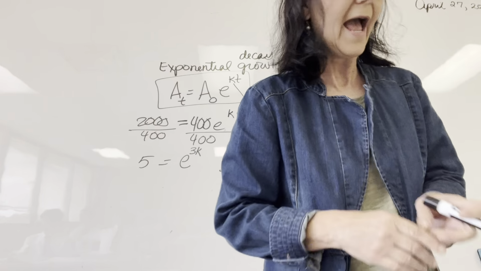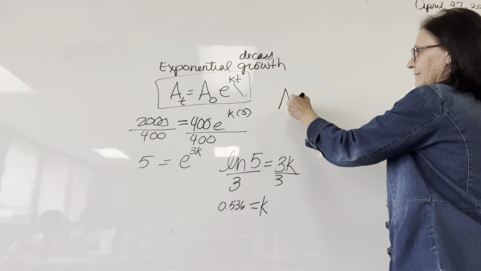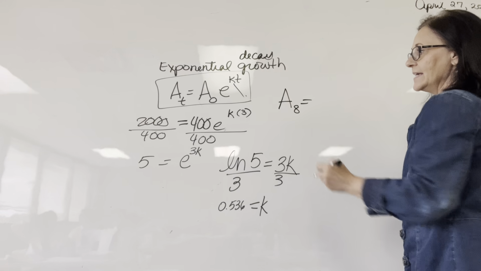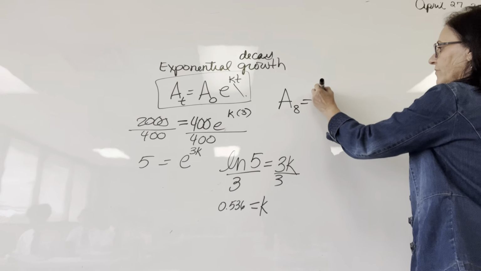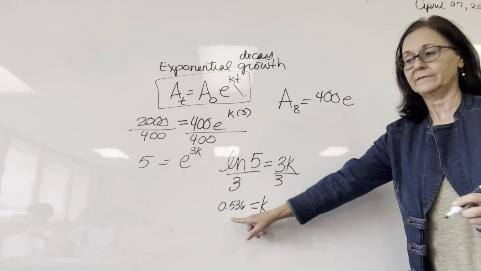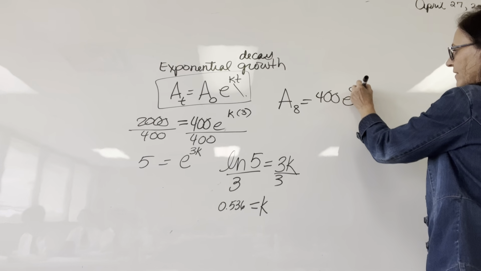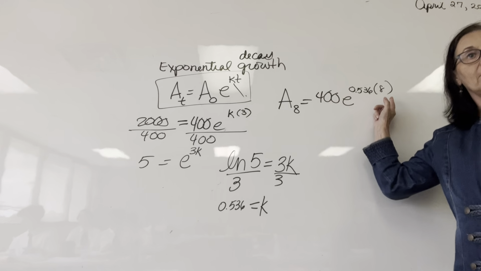Now once we have K, let's finish reading. It wants to know how many bacteria there will be in 8 days. So change time to 8. I still start with 400, it's E, but now I have K, 0.536, and now I'm looking at 8 days. Should I have a whole bunch more?